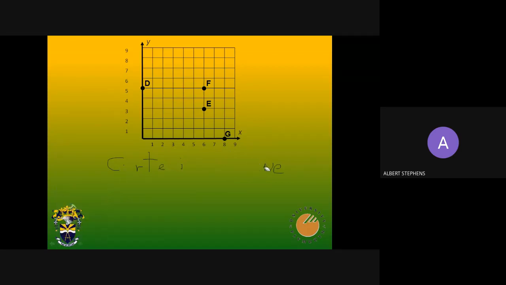Now on a Cartesian plane, we have what we call the x-axis and the y-axis. Let me get something a little bit brighter.